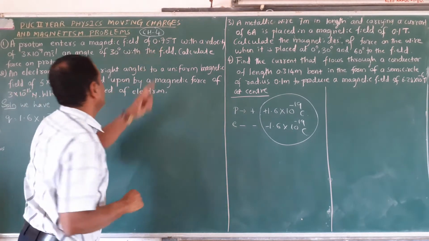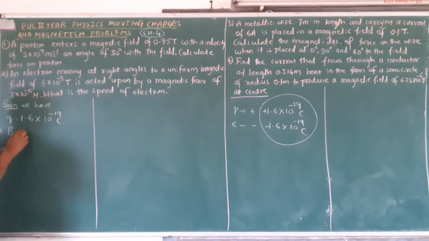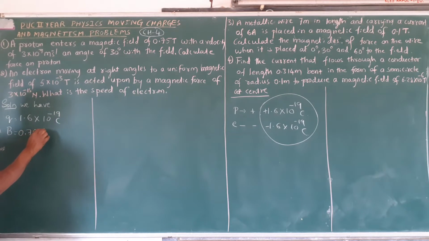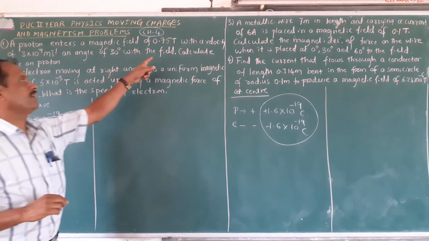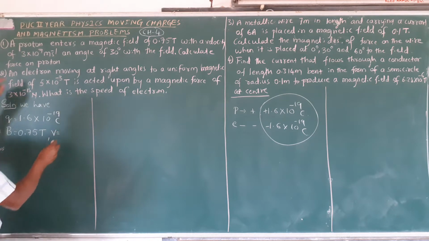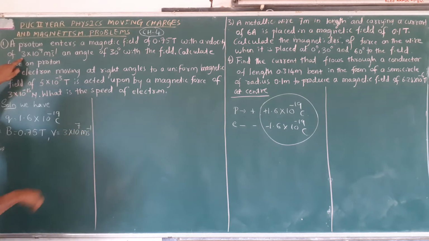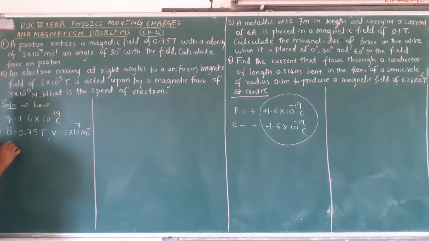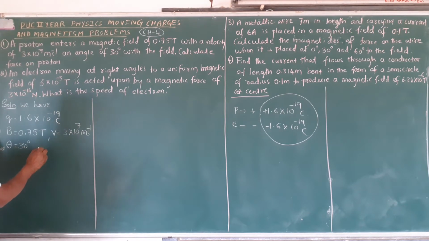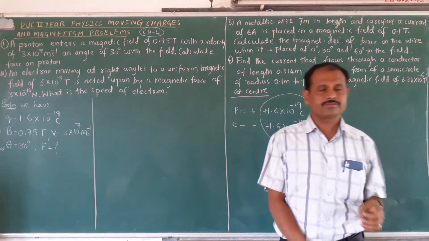The magnetic field B is 0.75 Tesla, the velocity of the moving charge is 3 into 10 to the power of 7 meters per second, and the angle theta is 30 degrees. Calculate the force acting on the charge. It is a simple problem.